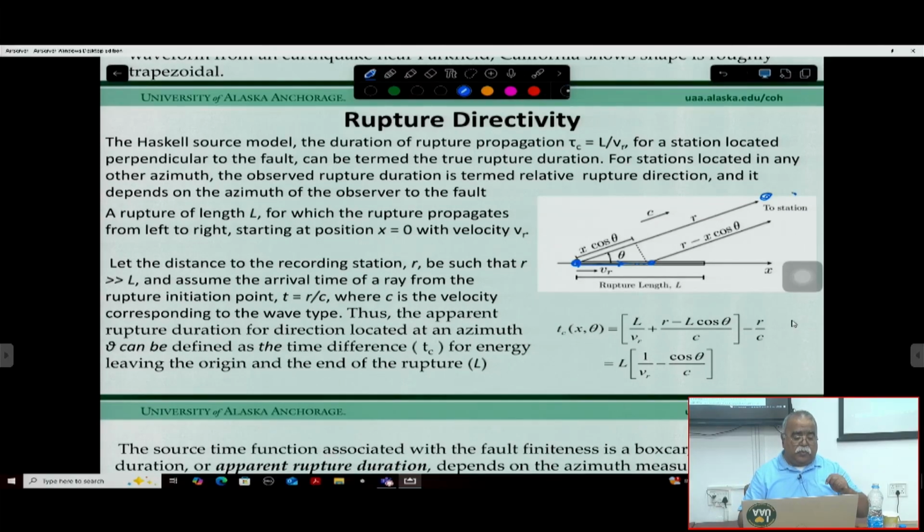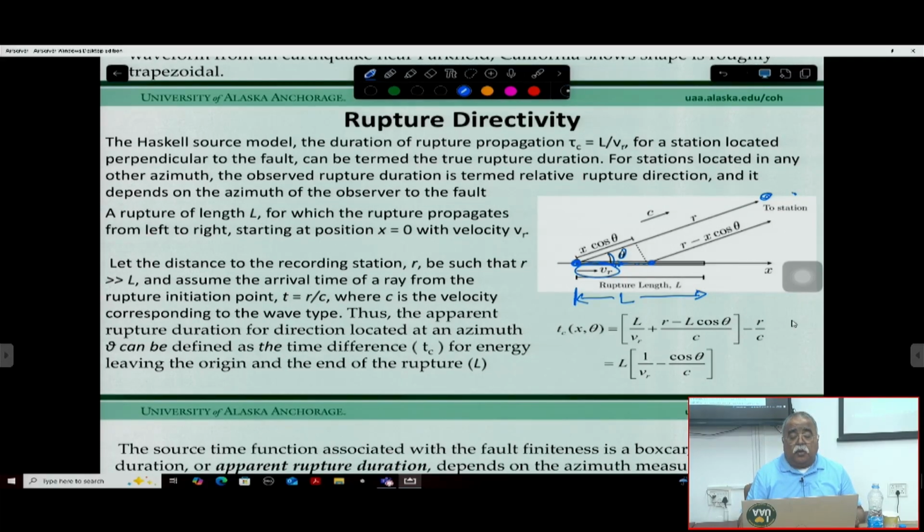So one point it is going to the recording station, then the rupture propagates, and that part also comes to the recording station, right? And let's say the velocity of rupture propagation is VR. And let's say this is the length of the fault on which the rupture propagates, right? And the site is located at an angle of theta with the rupture direction.